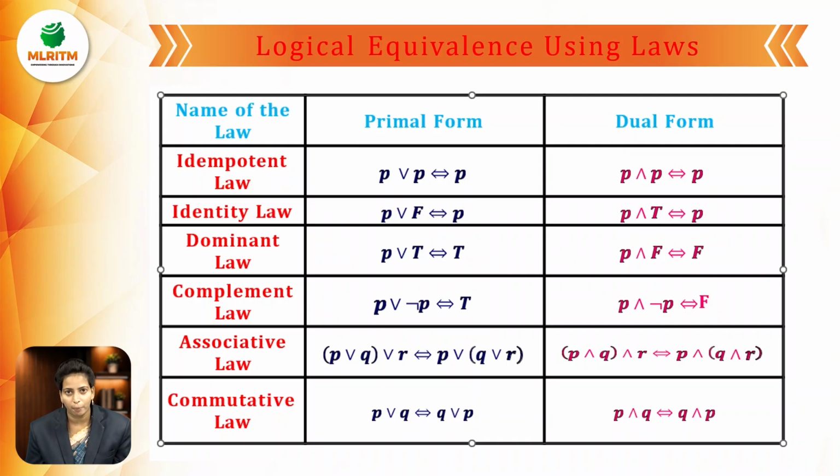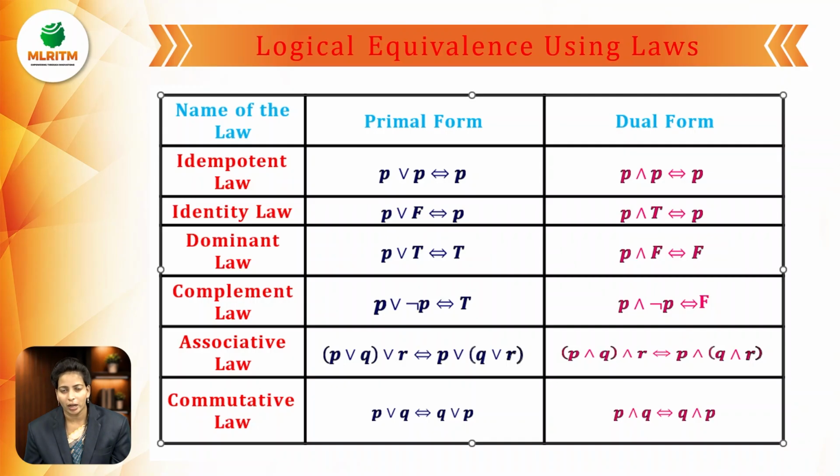Idempotent law: P or P is equivalent to P; dual form, P and P is equivalent to P. Identity law: P or F is equivalent to P, P and T is equivalent to P. Domination law: P or T is equivalent to T, P and F is equivalent to F.